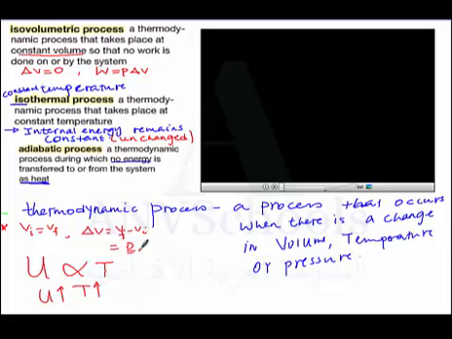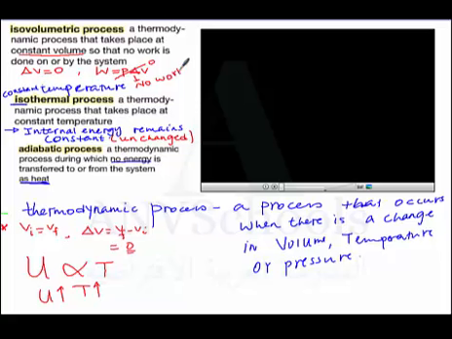We don't have a change in volume. The volume is neither increasing nor decreasing. It remains the same. So if the change in volume is 0, no work is done on or by the system. Since we don't have a change in volume, the work done will be 0. This is very important: in an isovolumetric process, no work is done on or by the system.